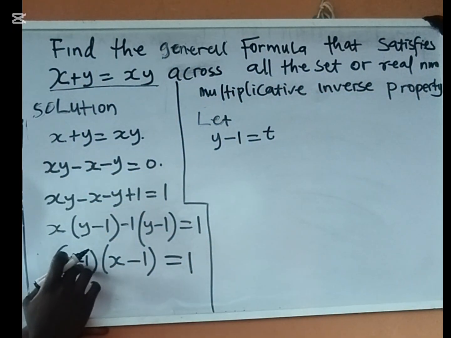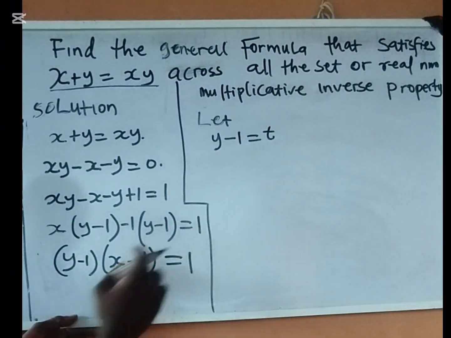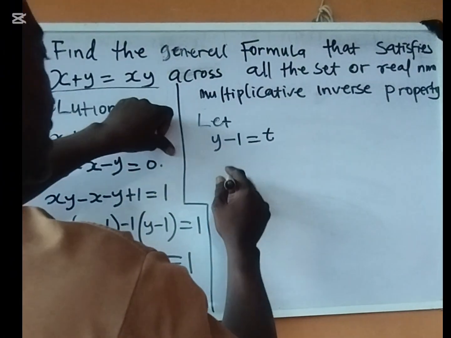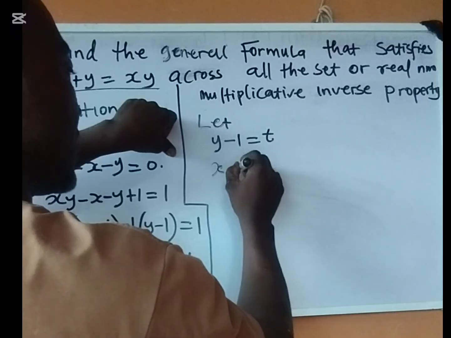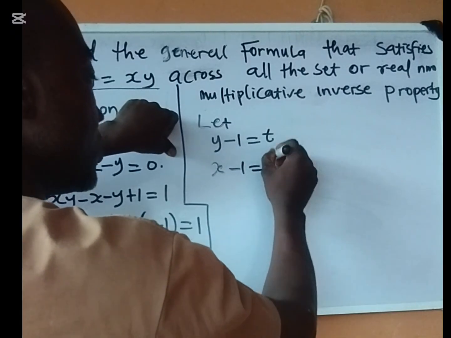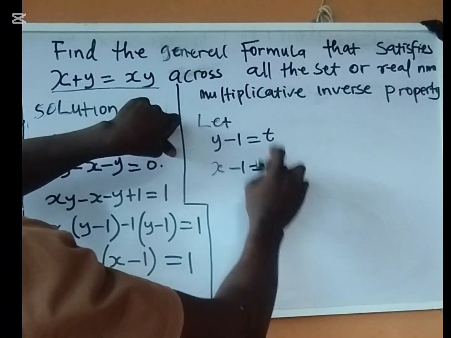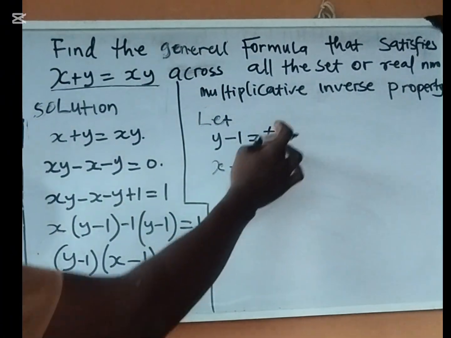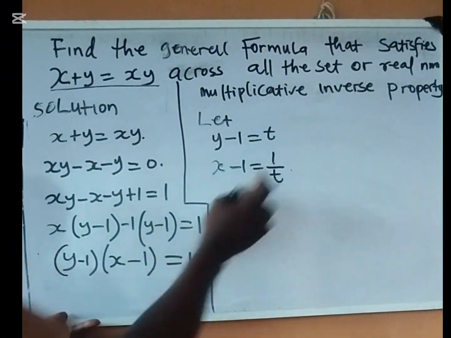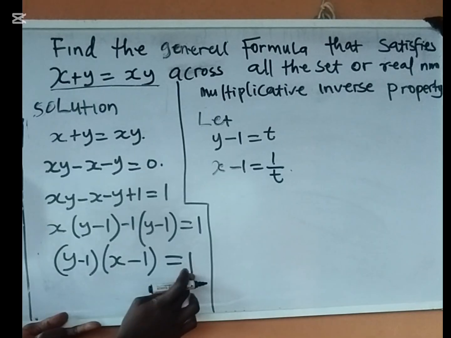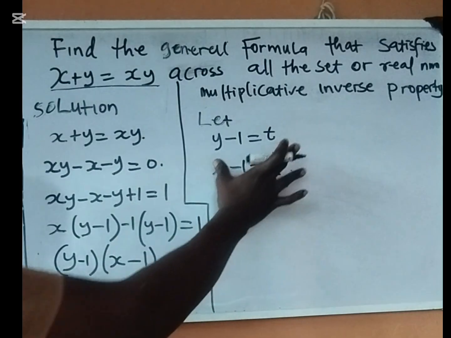If y minus 1 is equal to t, then it implies that x minus 1 will be equal to the reciprocal of t, which is 1 over t, so that when I multiply t and 1 over t, I will get 1. That is what I'm going to apply.